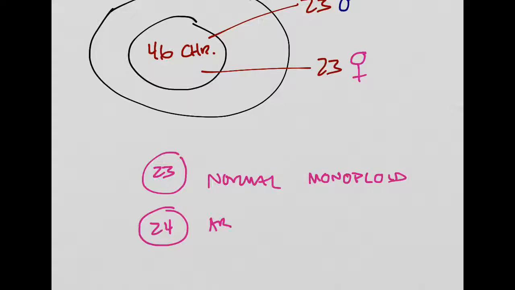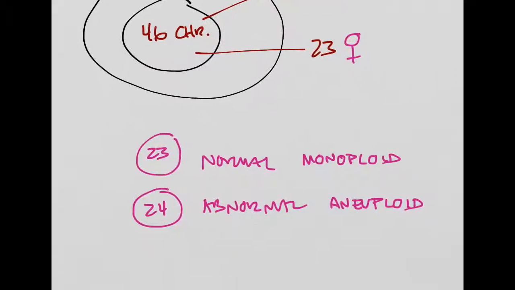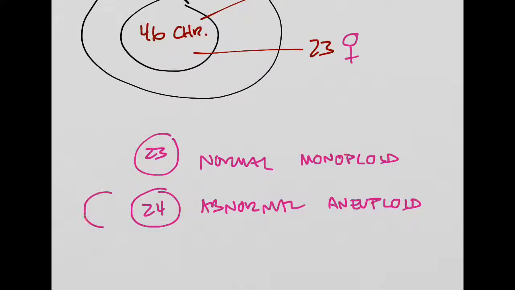This would be abnormal, obviously, and we'd call this an aneuploidy situation. So this would be an aneuploid. And it might be that it's not just 24, but it might be 22 or perhaps less than that. Typically, if you're missing more than one chromosome, or even if you're missing one chromosome, usually that egg is not a viable egg and fertilization fails.